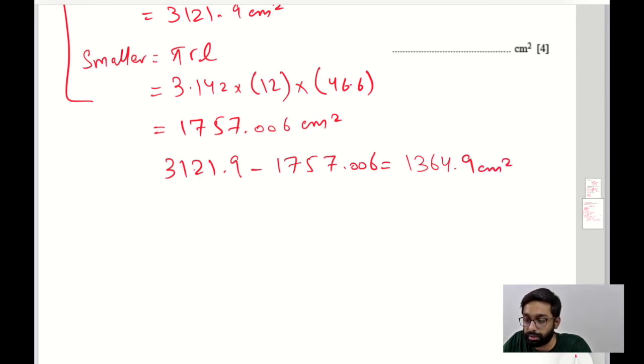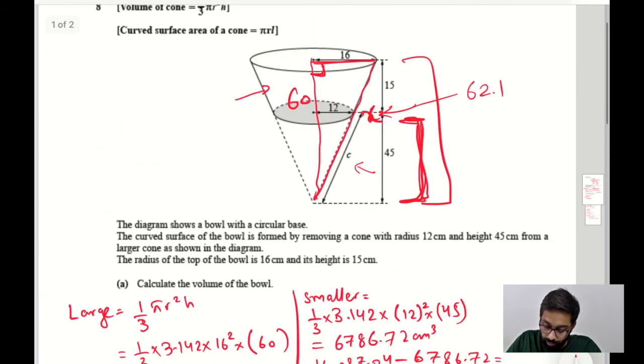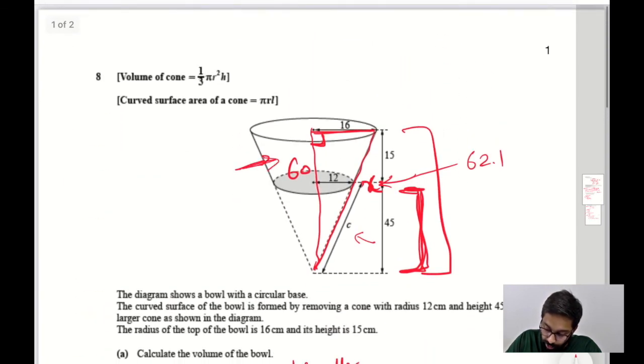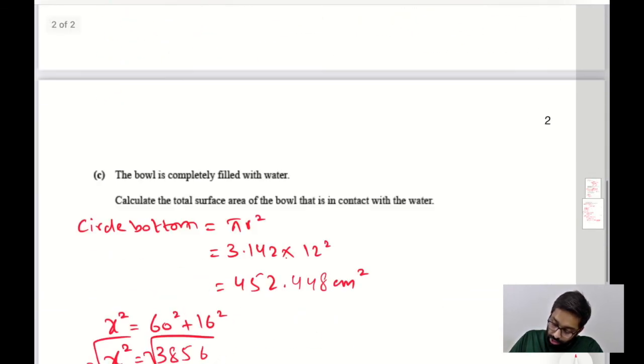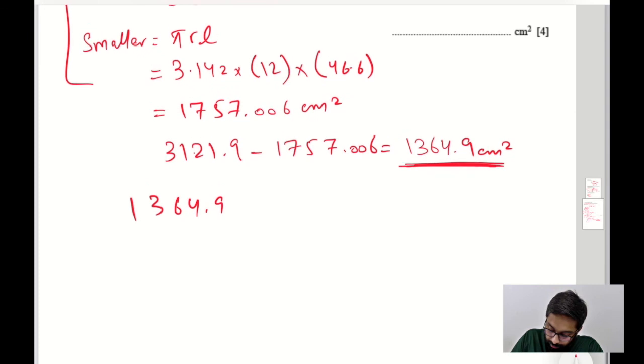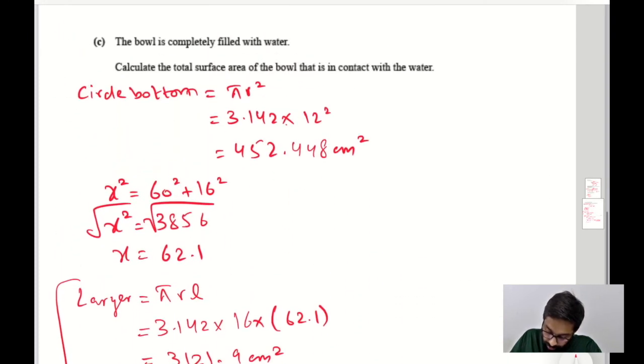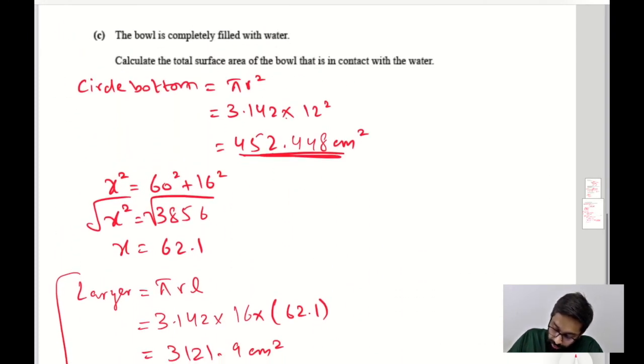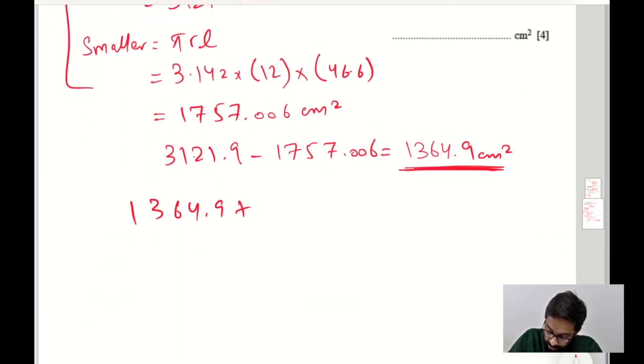So this is the curved surface area of the bowl. I'm talking about this part right here. Now we need to add the area of the circle at the bottom. So we do 1364.9 plus this area right here, 452.448.